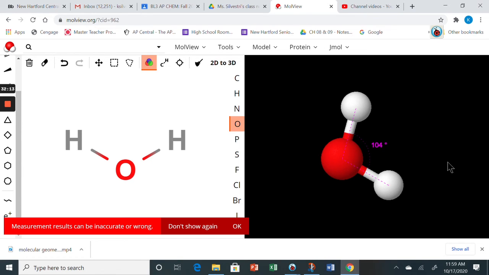And usually that's an acceptable answer. I've seen them do weird things where they'll accept anything under 110, which is really wrong, because it won't be 109. So if you say it's less than 109, or they might say choose a bond angle, so you just choose something under 109. You could call it 107, you could call it 104. I wouldn't go much under 100, because this is definitely not close to 90.